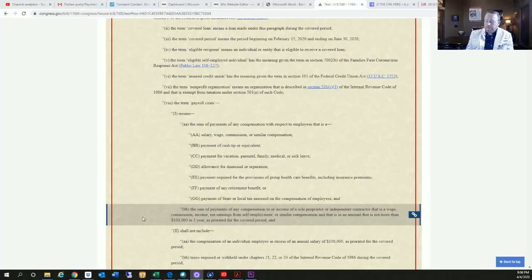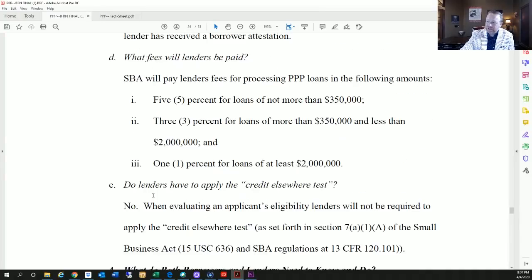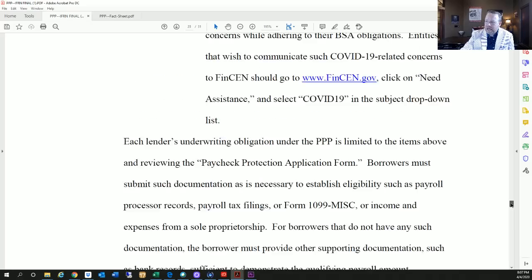And so you have law firms out there that are getting real cute, trying to make sure they were staying involved with it. And it was just because there's an and there, okay? It said payroll cost is this and this. It should have just said or, okay? And so then the SBA came out and said, hey, listen, y'all, no, I don't know that I'll be able to get to it in time.